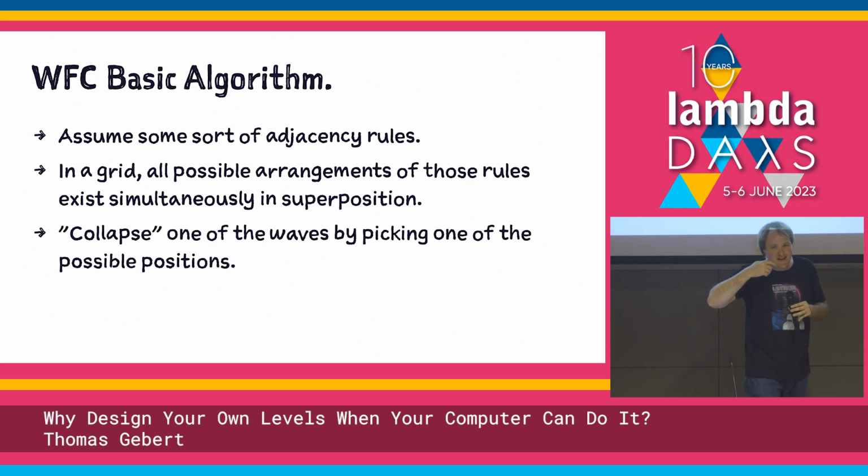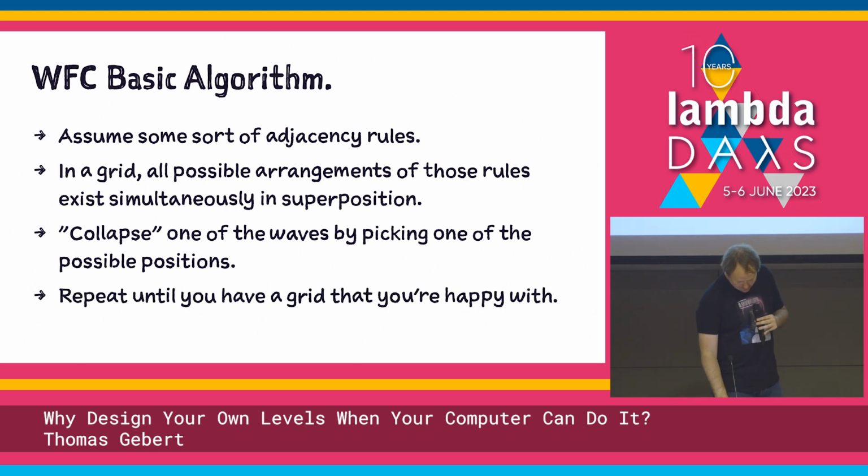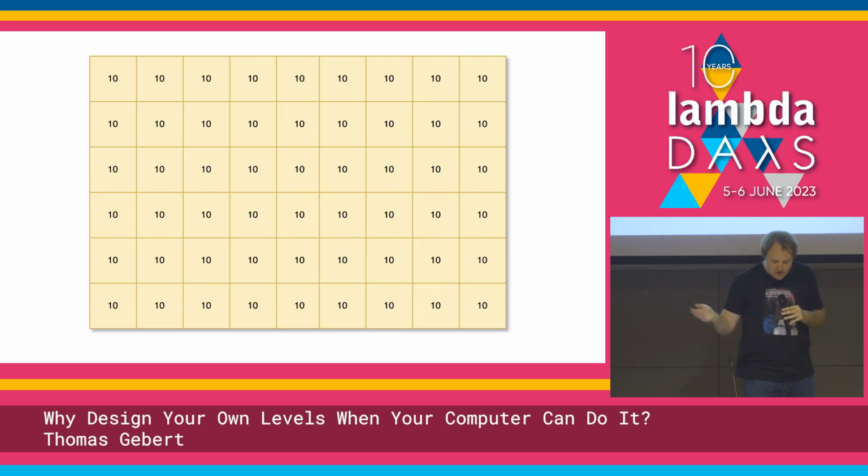I'm using quantum in a hand-wavy way, but so does the paper that published this. Then you collapse that wave by picking one of the possible states for the next position, reevaluate the allowed things, and repeat until you have a grid that you're happy with. So, a visual example here: imagine we have a 2D grid, and for each tile there are 10 possible states starting out.